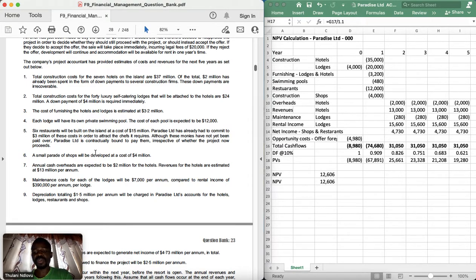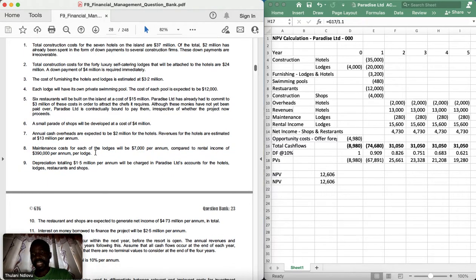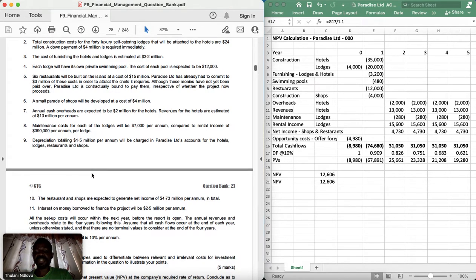Whether we offer the land or we develop the land, we have already committed ourselves to paying this 3 million. So it's irrelevant. Then we've got note number 9, the depreciation. The depreciation is an irrelevant cost as depreciation is a non-cash flow item, so it's irrelevant.